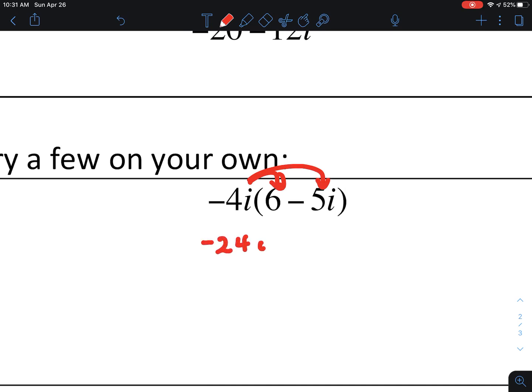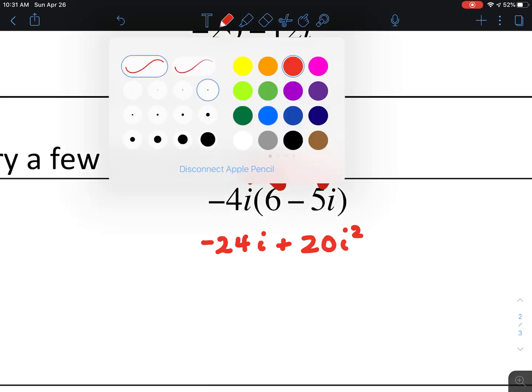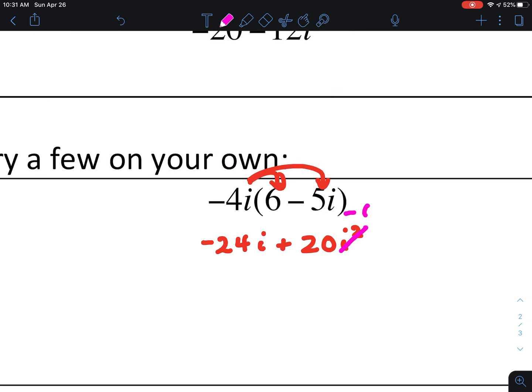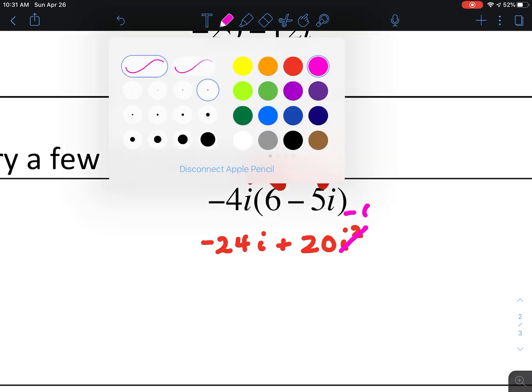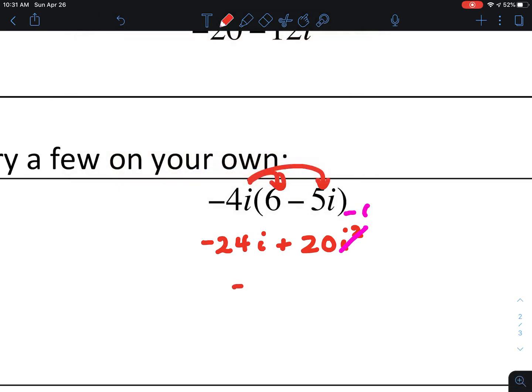Negative 24i plus 20i squared. Remember what i squared is? i squared is negative 1. So this becomes negative 20, right? Because 20 times negative 1 is negative 20, minus 24i.